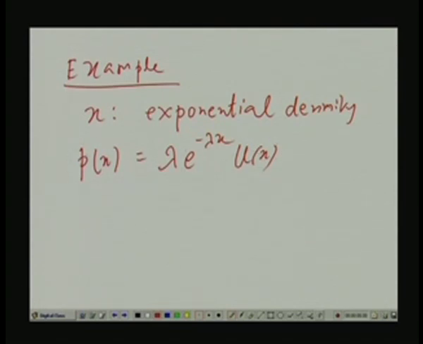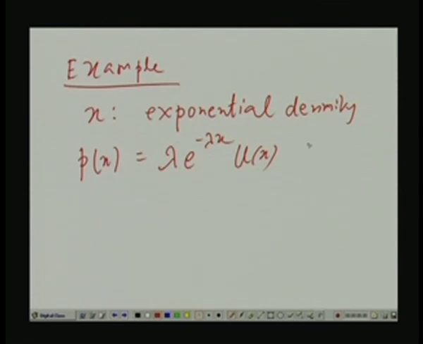So this probability density has value 0 for all negative x, and for all non-negative x its value is lambda e to the power minus lambda x. Lambda is a parameter which is found by integrating this with respect to x and equating that to 1.